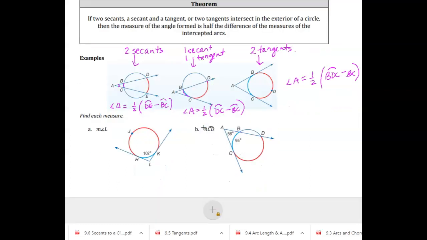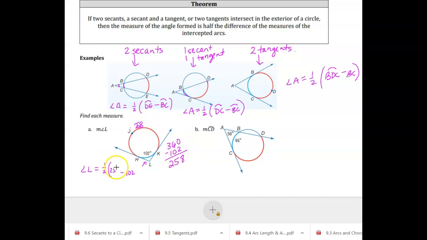All right, I just showed two examples. On the first one, it says find the measure of angle L. We have two tangents, so that's going to be our third scenario. If we want angle L, that's equal to half of, well, we need to find this outside arc, and we know the inside arc. The inside arc is 102. We know the total of the arcs equals 360, so we'll do a little bit of work on the side. 258 is going to be this red arc.